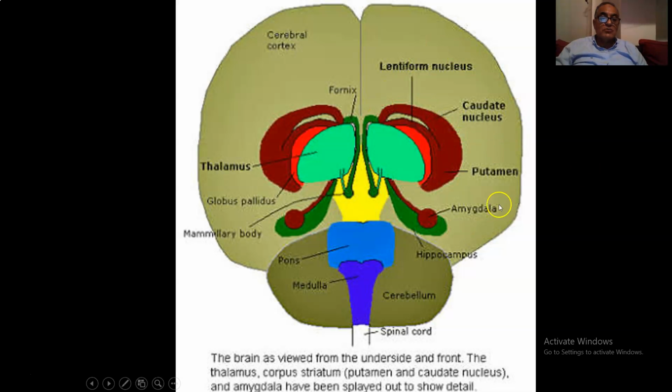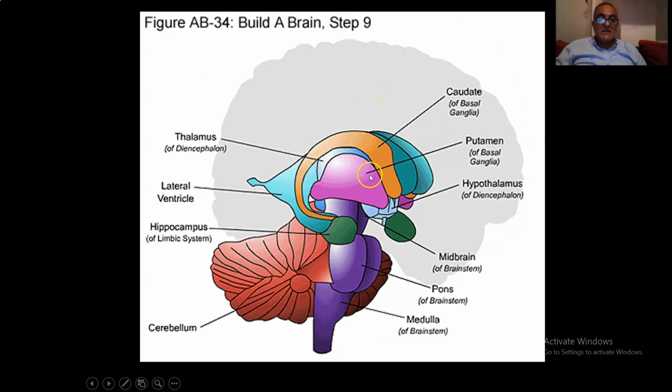The caudate nucleus and the putamen are a part of the extrapyramidal system. And this is a lateral view showing the caudate nucleus, the head of the caudate blending with the putamen, and it is arising from the amygdala down to the putamen.